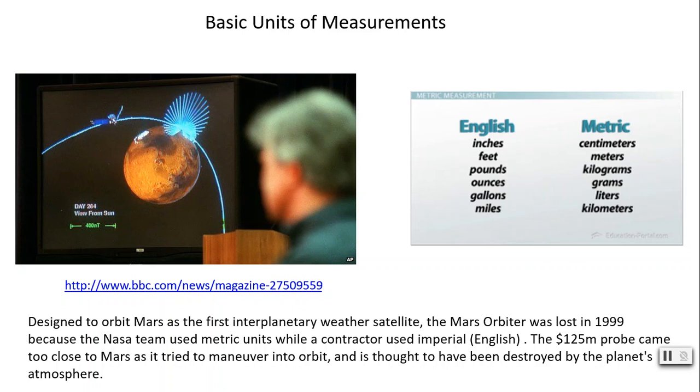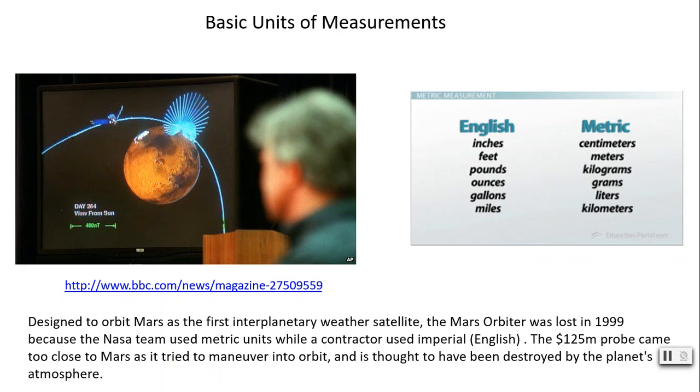One set of scientists used units that were in the English system. The other set used units that were in the metric system. And the 2 sets were not talking to each other, so the data was put into the Mars orbiter in one unit, it was expecting another unit, and therefore the mission was not successful.